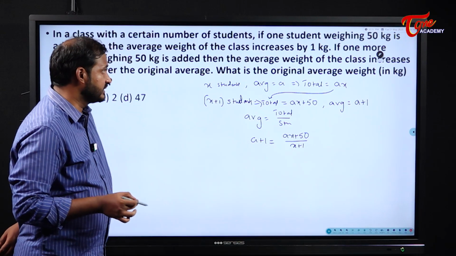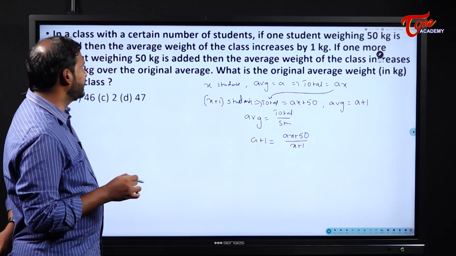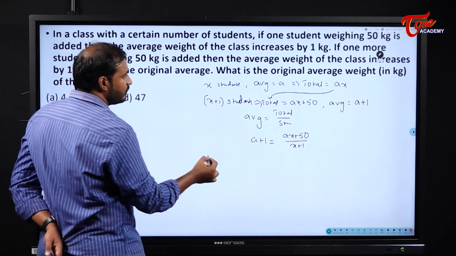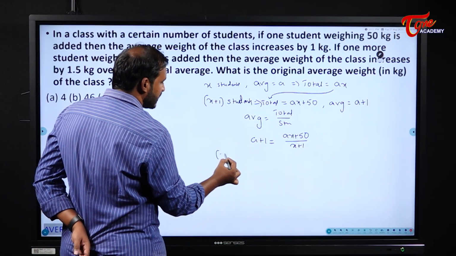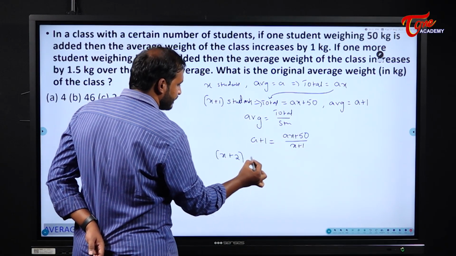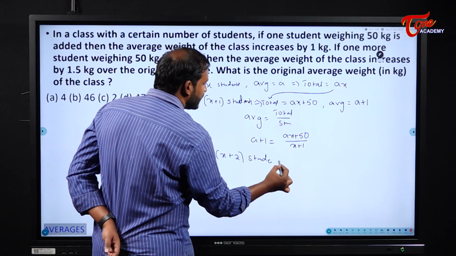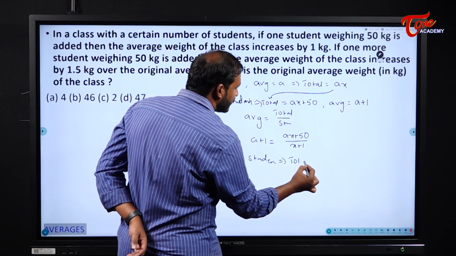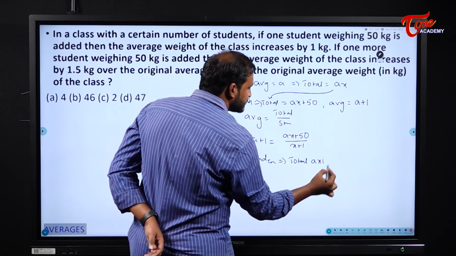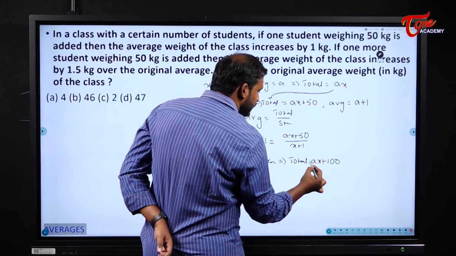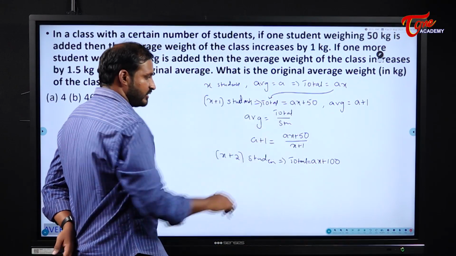Next, if one more student weighing 50 kgs is added, the new number of students is X plus 2. The total weight will become AX plus 100, because 50 plus 50 for the new students.